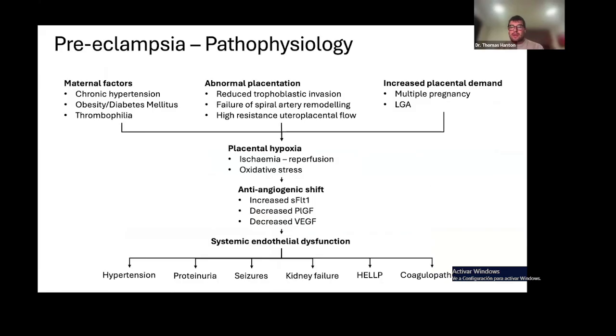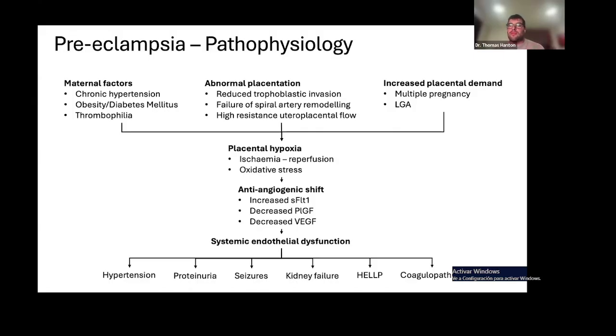So just a little bit on the pathophysiology. It is quite complicated, the pathophysiology of preeclampsia, and it's definitely evolved recently. But maternal factors are definitely a more important and more established background risk for preeclampsia. So things like hypertension and generally cardiovascular problems can lead to abnormal placentation.